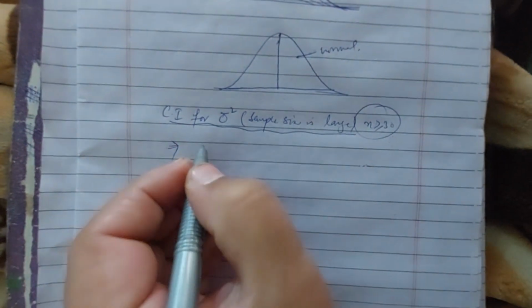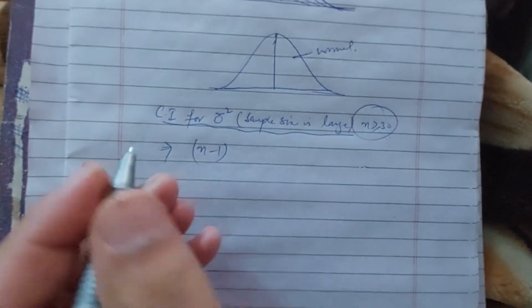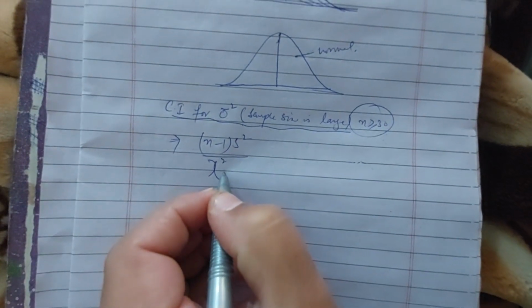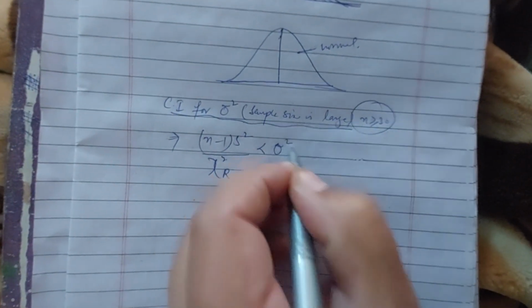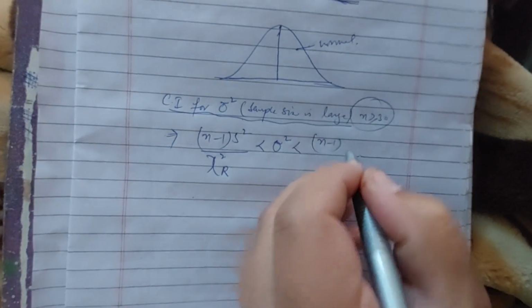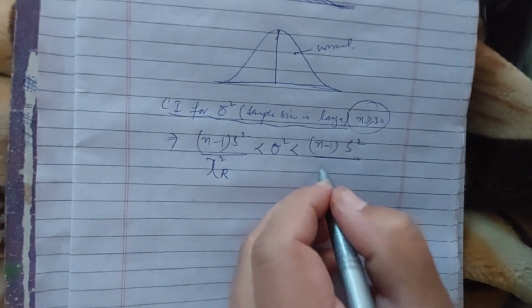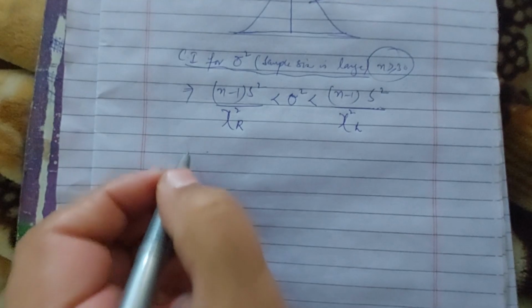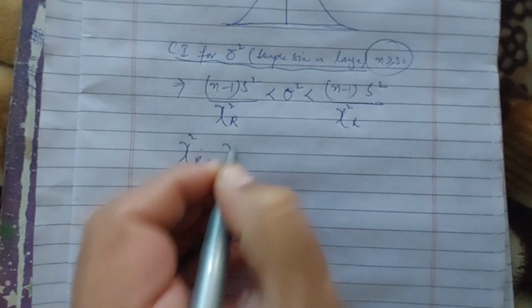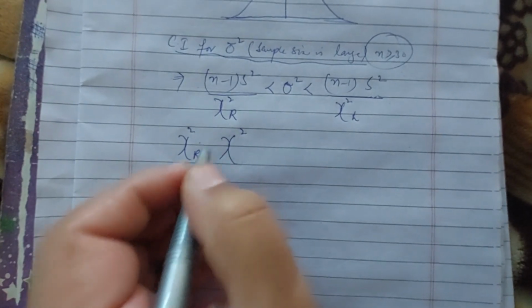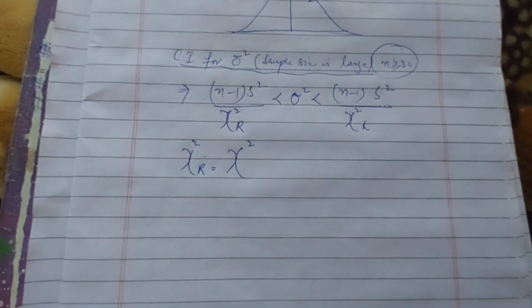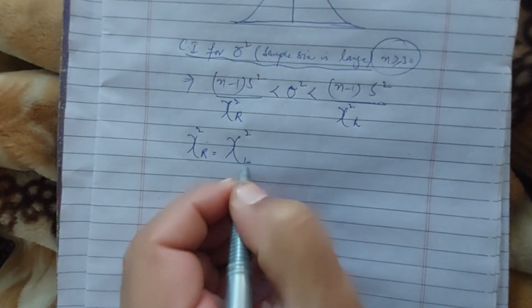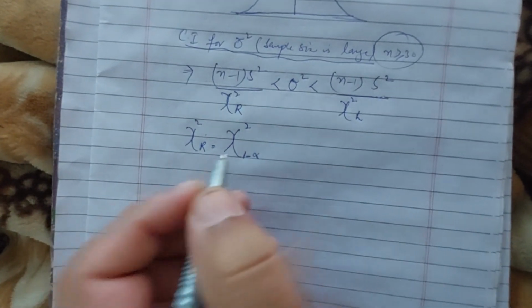Okay, the first thing is explained in the book. This is chi-square left, and it is equal to chi-square right, which is equal to 1 minus alpha.